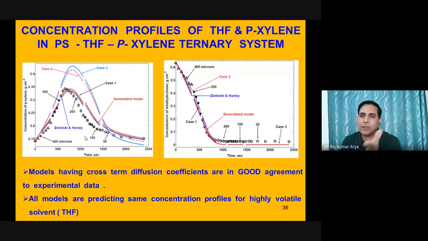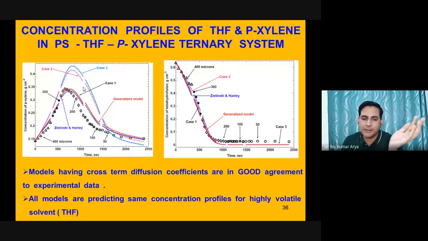So they have correlations, some simplifications. Some go to a very dilute limit, as you might have seen in thermodynamics, where we take gamma infinite, the infinite dilution activity coefficient. You get very simplified correlations that are easy for calculation, but it doesn't mean that they will give you the correct answer. So we are comparing various models here.